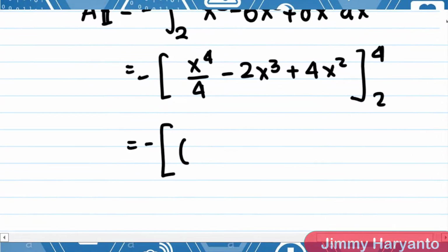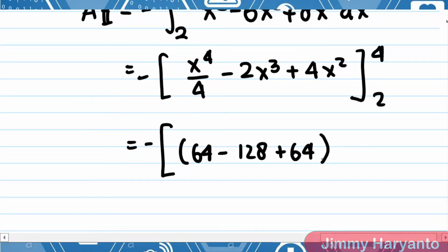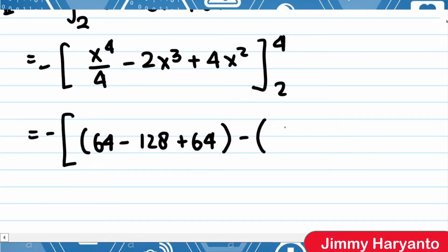Okay, 4 first. 4 to the power of 3 is 64, minus 64, 128 plus 64, and then minus the 2. The 2 is 16 divided by 4 is 4, negative 16 plus 16.